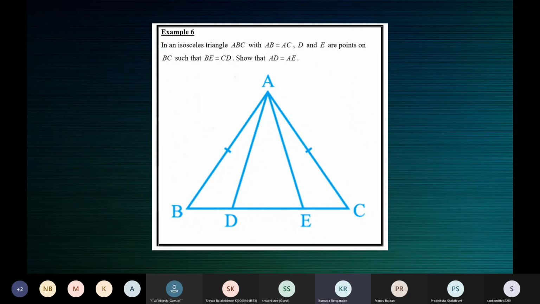Now you can also take up triangle ABE and triangle ADC.